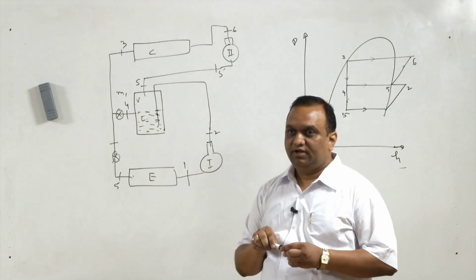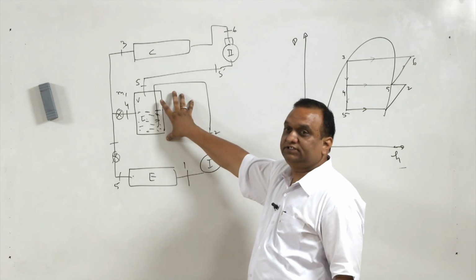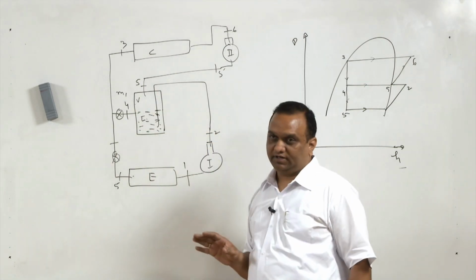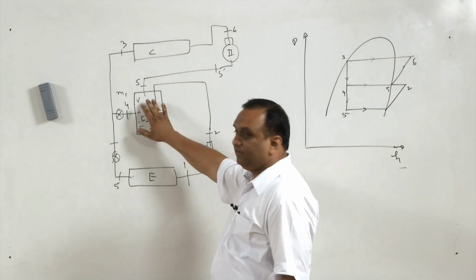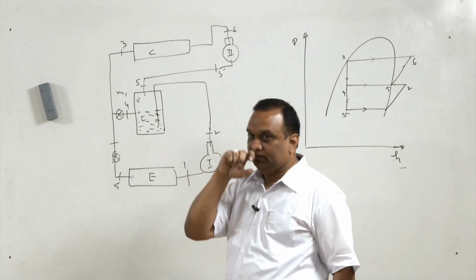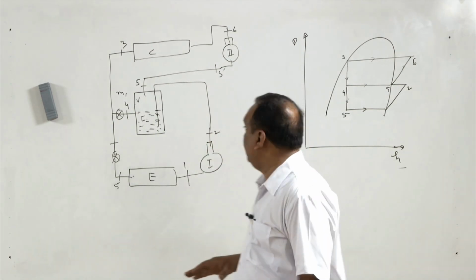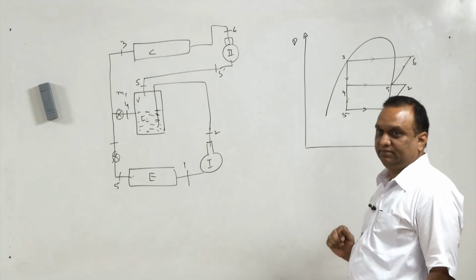Now in this course, because de-superheating of this vapor is taking place here, some of the refrigerant will be evaporated in the flash gas chamber, and that refrigerant will come into the second compressor. So the mass flow rate in the second compressor will be higher than the mass flow rate in the first compressor.